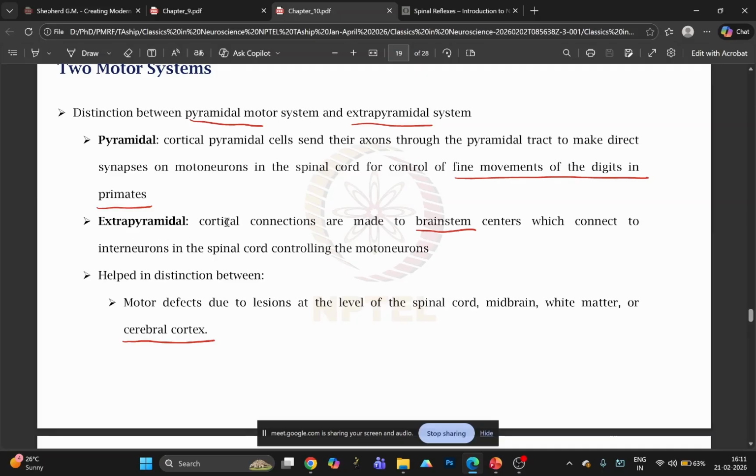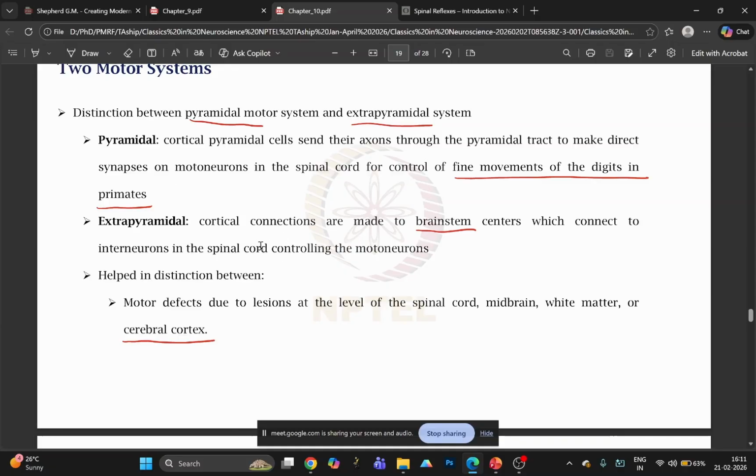First, the cortical cells synapse with those in the brain stem. Then the brain stem centers connect with the interneurons in the spinal cord. Then the interneurons in the spinal cord control the motor neurons.